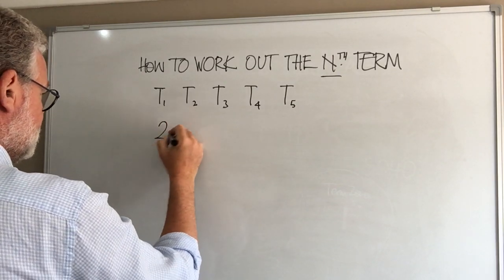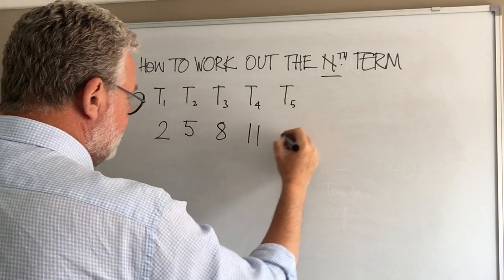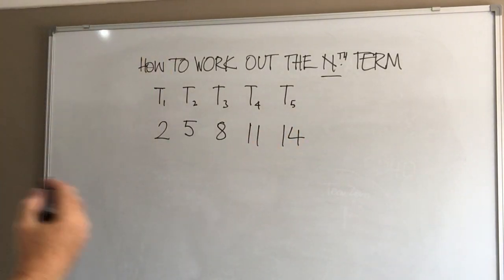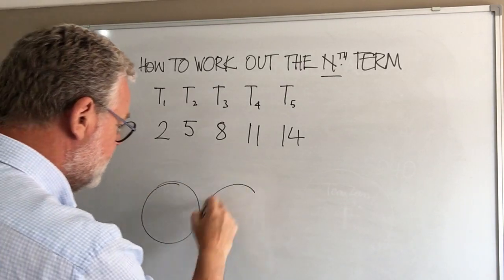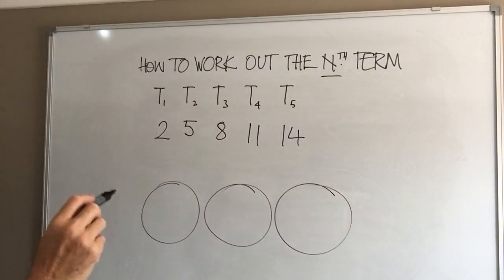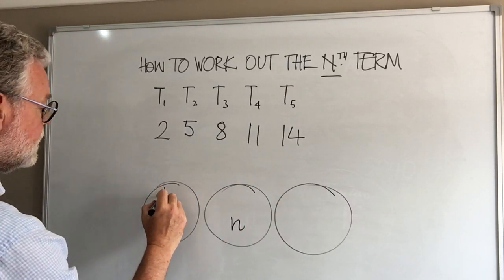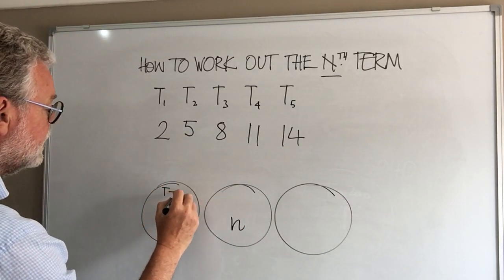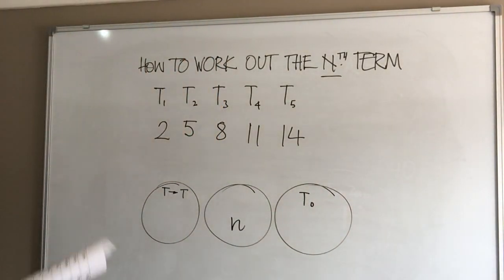We've got 2, 5, 8, 11 and 14, and we want to know what is the nth term. Remember, first thing, 3 circles. What goes in the middle one? Always the value of n. This I'm just going to put here is term to term, and here, remember, is our term 0.